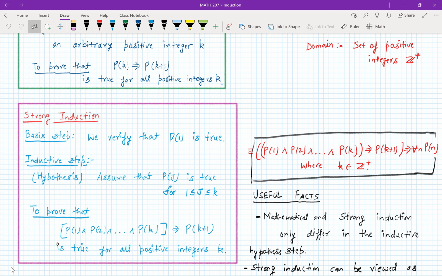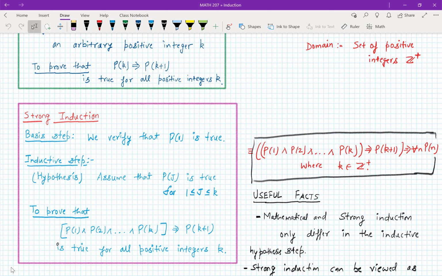Then in my inductive step, my hypothesis is going to be strengthened. Instead of assuming that my statement is true for an arbitrary k, now I'm assuming that my statement is true for every j, where j starts from your base case, 1, and goes all the way up to a positive integer k.